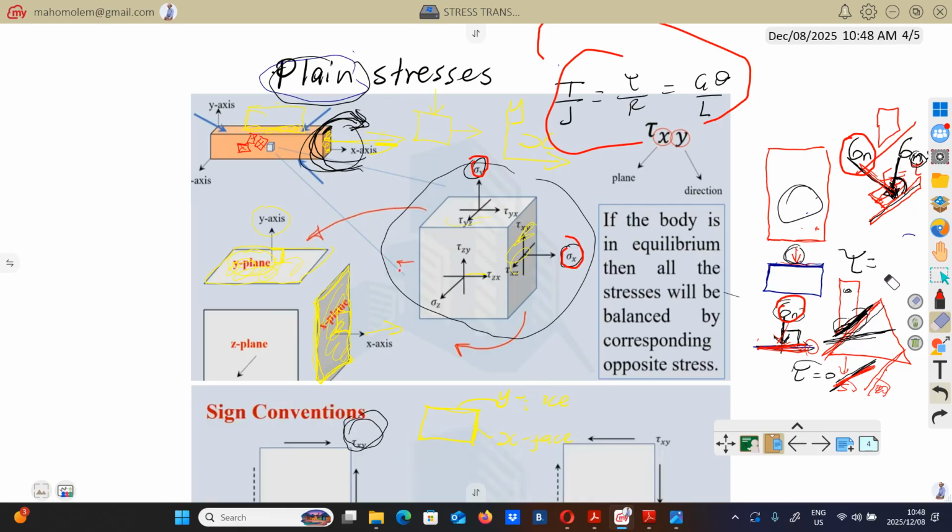So just know that the first letter from that shear stress is going to represent the plane. So I spoke about the plane. The plane, we're talking about this and this. So the first subscript there, like here, is x. It means that this shear stress is the shear stress on the x plane. So if the first subscript is y, then it means that that shear stress is the stress that is going to act here on this y plane.